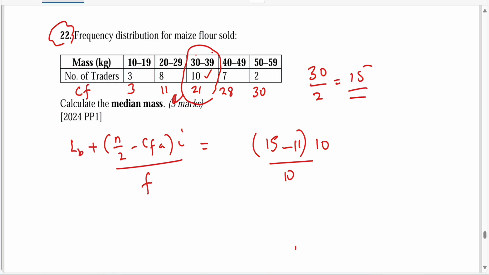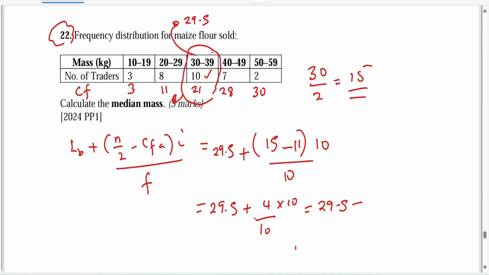And then plus lower boundary for 30 is 29.5. 29.5 plus 4 over 10 times 10. 29.5 plus 4, 34.5 kg.